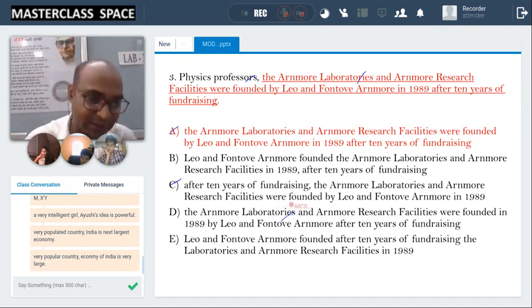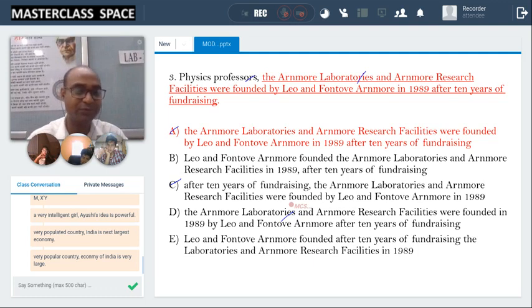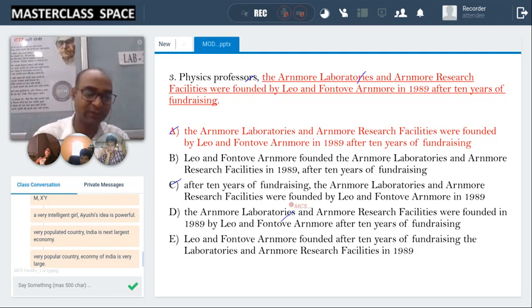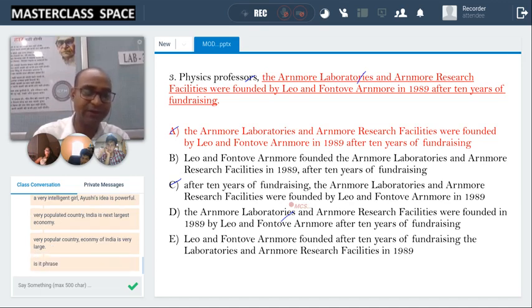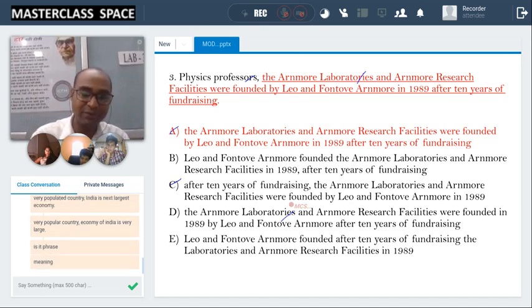Now, I guess I should give you a short look again at what a modifier is. First of all, we have to check: is it a phrase? If yes, then we have to conclude its meaning. After that, we have to check what should be the suitable noun for it.